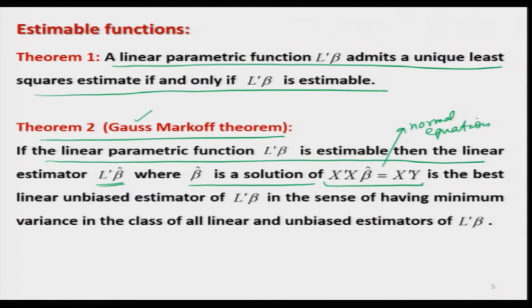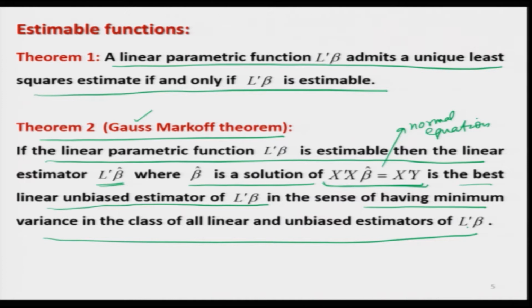So, now we are saying that beta hat is the solution of this normal equation, and this beta hat is going to be the best linear unbiased estimator of L transpose beta. Best linear unbiased estimator means that this estimator L transpose beta hat will have the minimum variance in the class of all linear and unbiased estimators of L transpose beta.